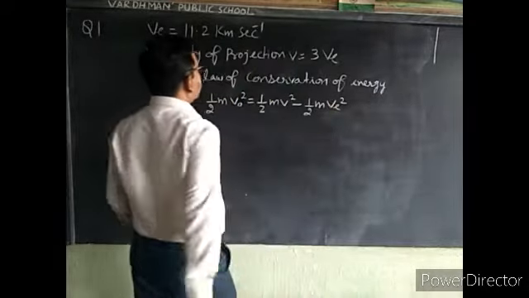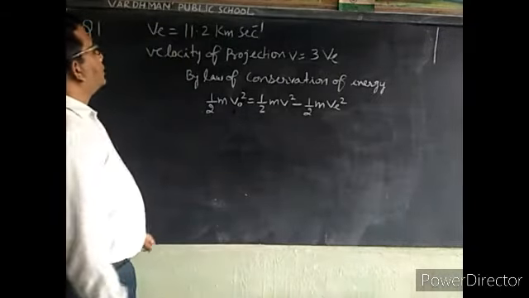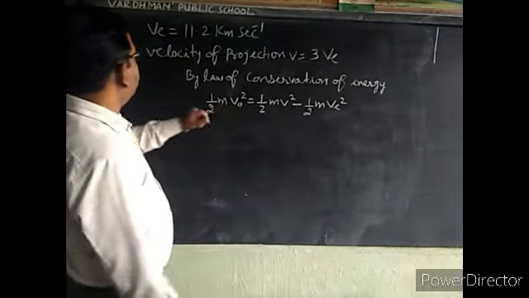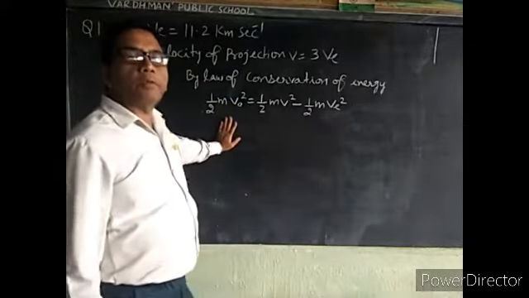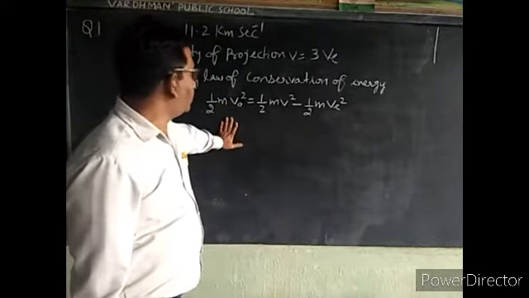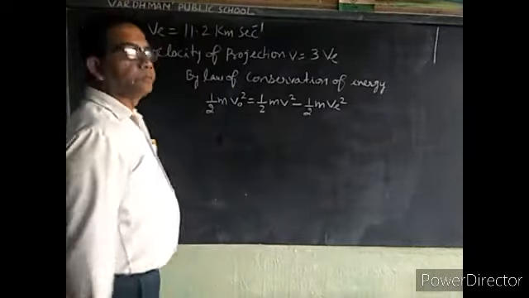Ve is the escape velocity, vo is the velocity after escaping, and v is the velocity of projection.